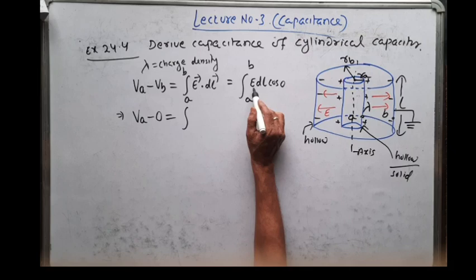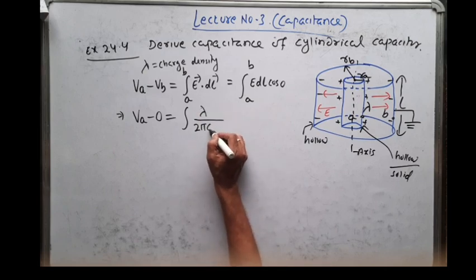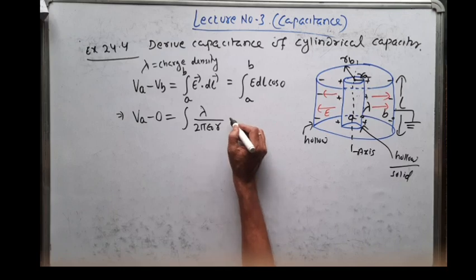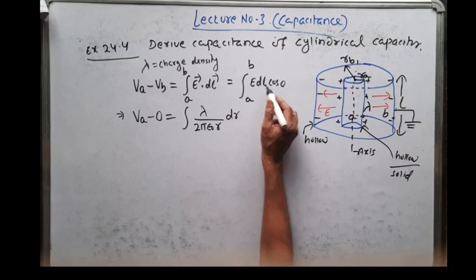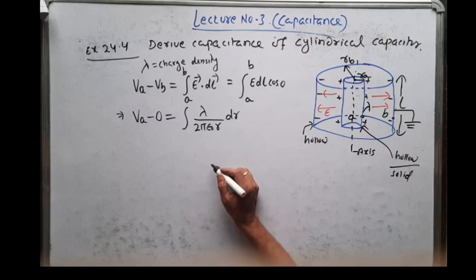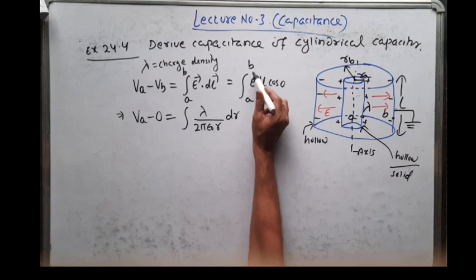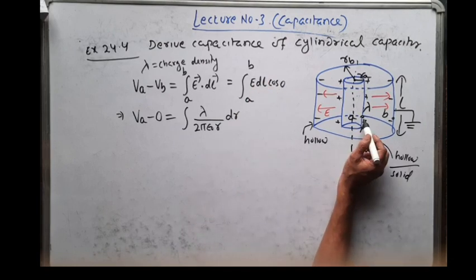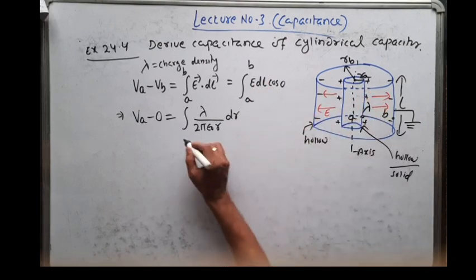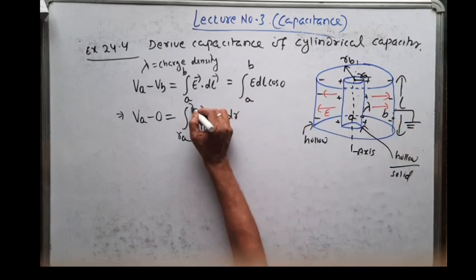We have already derived the electric field intensity due to a cylindrical conductor, which is lambda by 2 pi epsilon naught r. Instead of dl we write dr along the radial line. Here we are moving from point A to point B. At point A the radius is RA, and at point B the radius is RB.